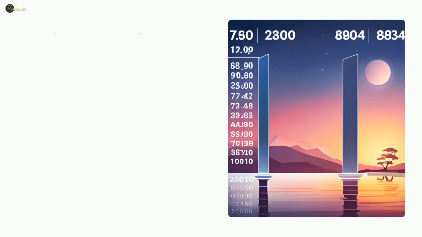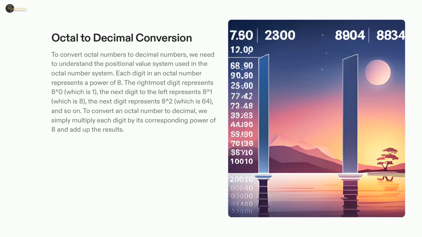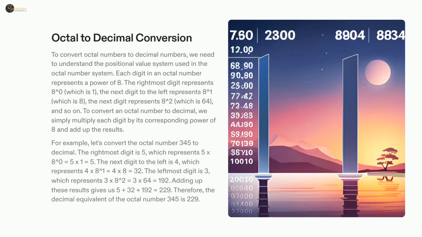Octal numbers are an important tool used for computer programming as they allow data to be converted into digital form. To convert octal numbers to decimal, the positional value system used in the octal number system needs to be understood. Each digit in an octal number stands for a power of 8 starting from the rightmost digit, 8 to the power of 0, which is 1, and moving to the left, for example 8 to the power of 1, which is 8.